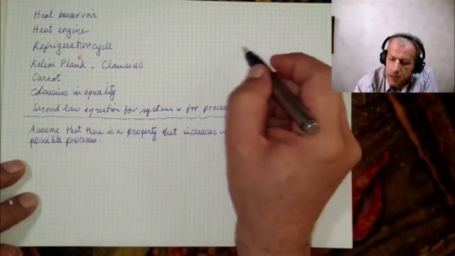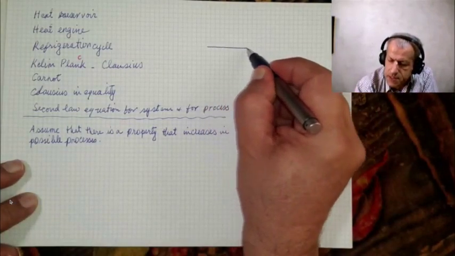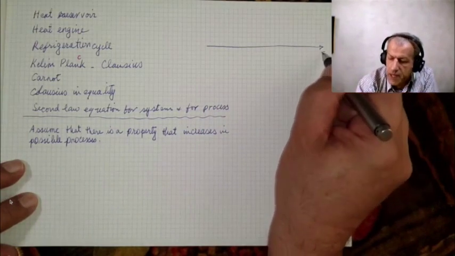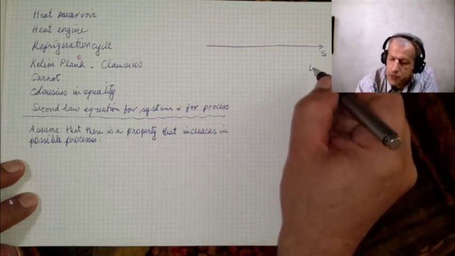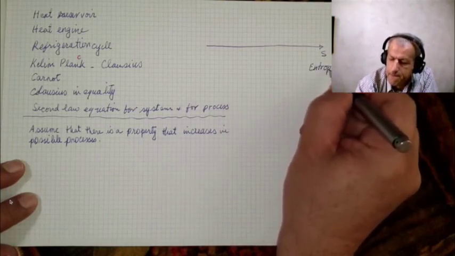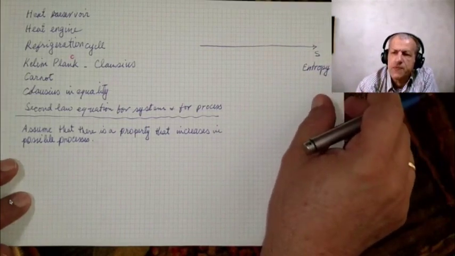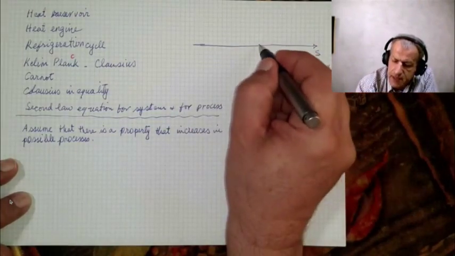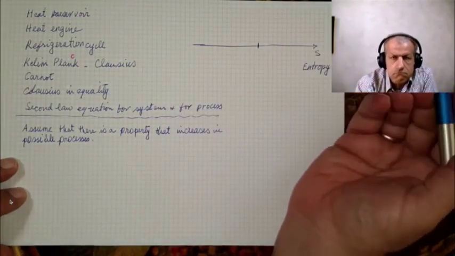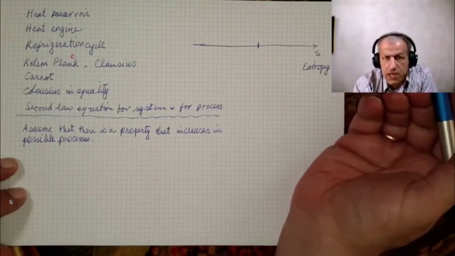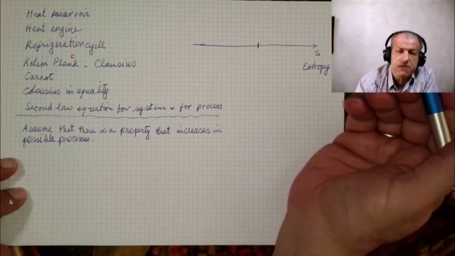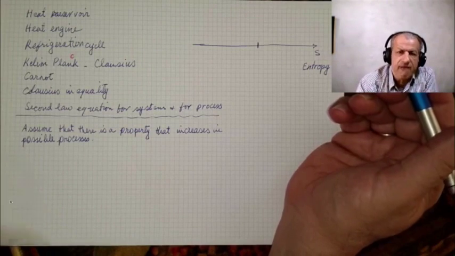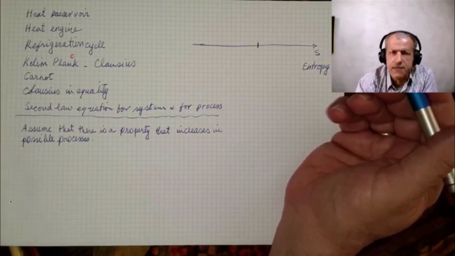What do I mean? Assume that there's a property. This is the axis of that property. We name it entropy. And what we do, we say that if that property has a value, just like energy, just like mass, just like a specific volume, just like any other property, assume that this property has a value in a certain state.